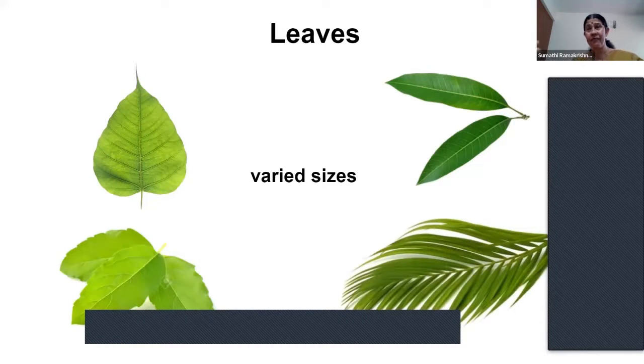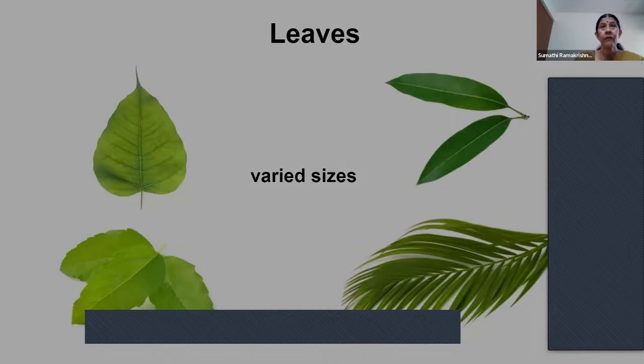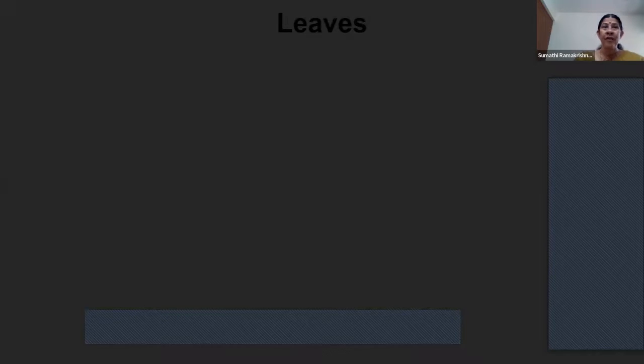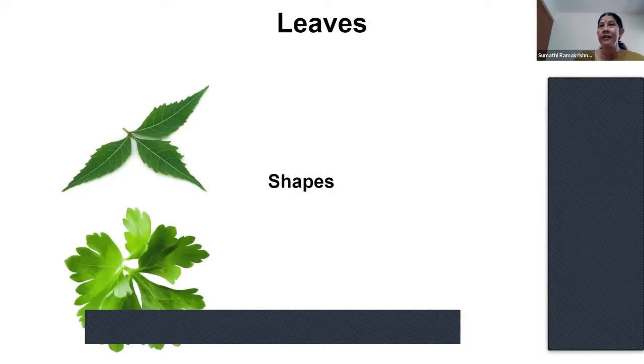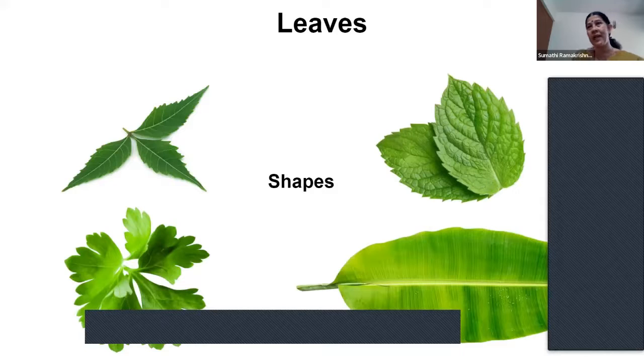And if it is possible, you can collect a few different shapes of leaves before teaching and show them in the class. Of course, they would have observed the neem leaf, coriander, mint, and the banana leaf.